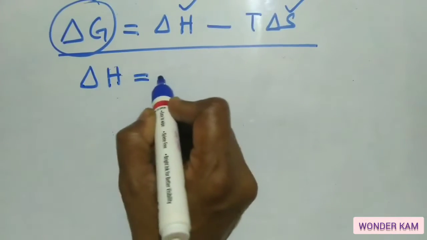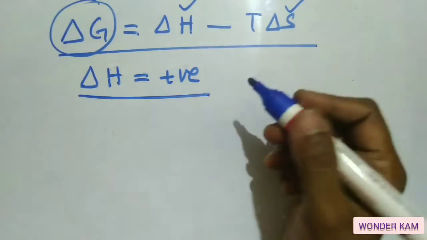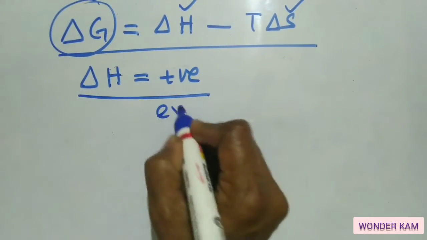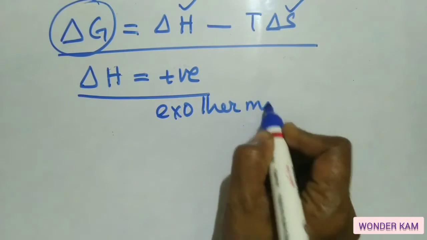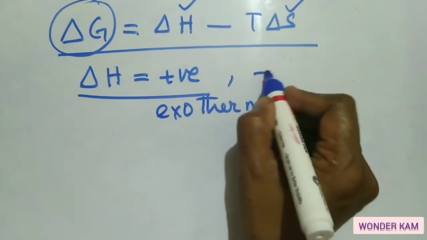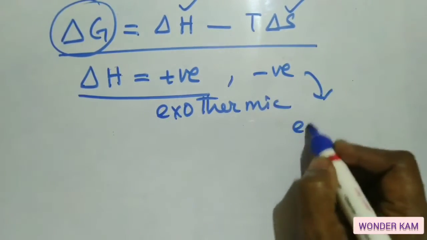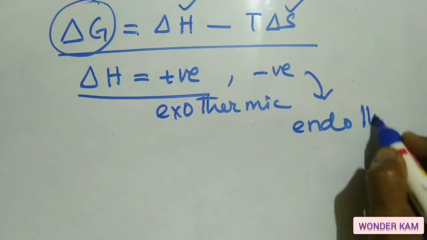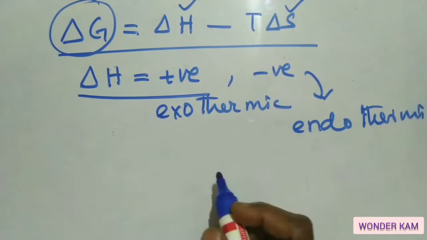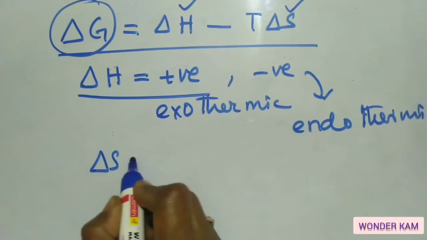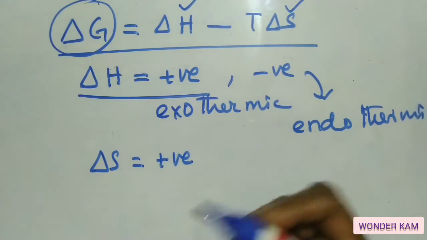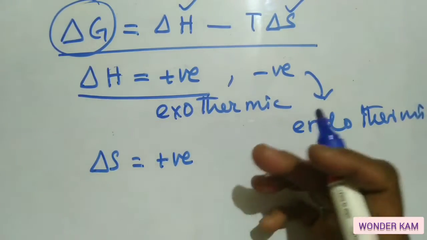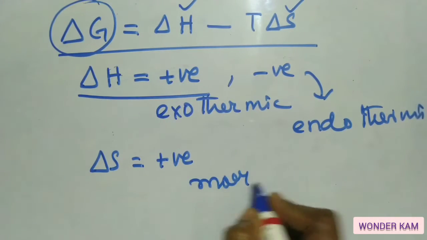When delta H is equal to positive, then the system or the reaction is exothermic. Whereas when this value is negative, then the reaction is endothermic. Whereas delta S, when it is positive, the entropy increases, randomness increases, or more disorderness.